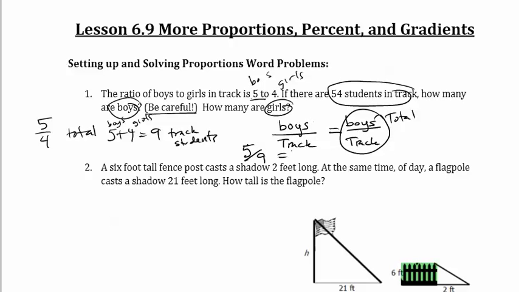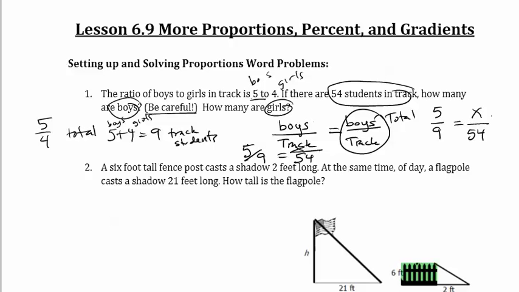And therefore, if we compare it to 54 students in track, then we have x number of boys. So to see what that looks like, 5 boys of every 9 track students, if we combine the boys and the girls, is equal to how many boys of the total 54 track students in this particular track program.